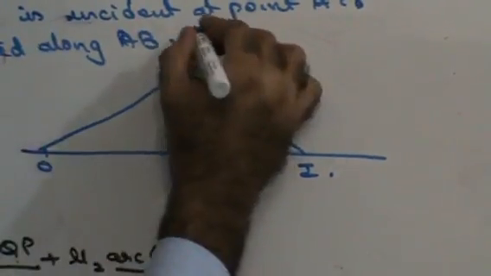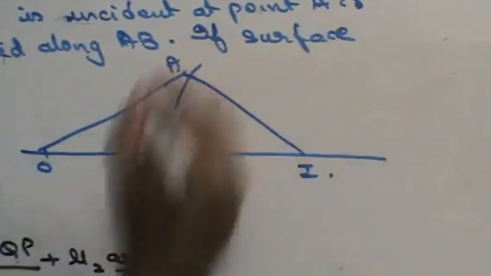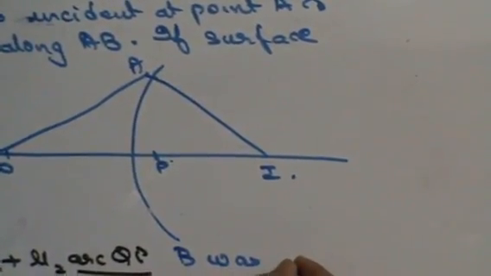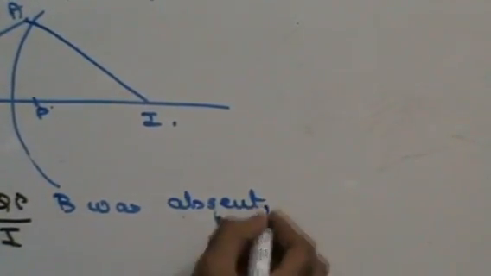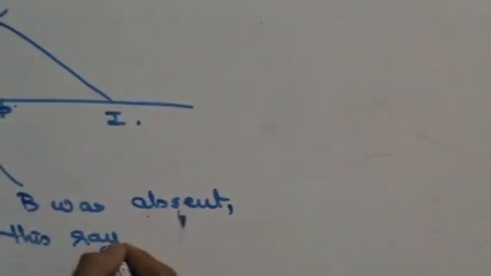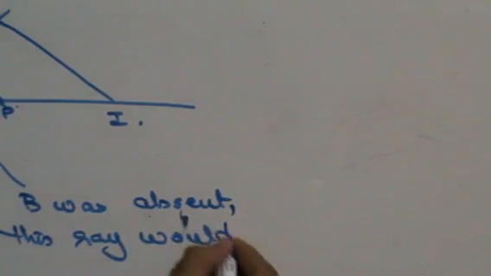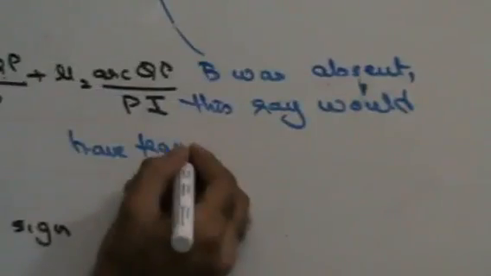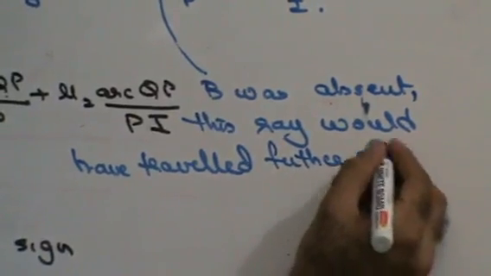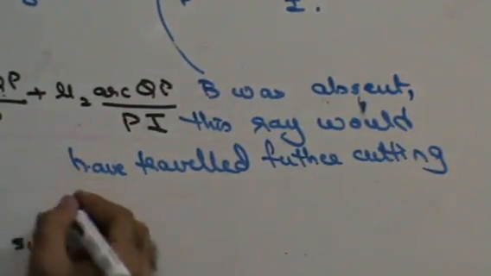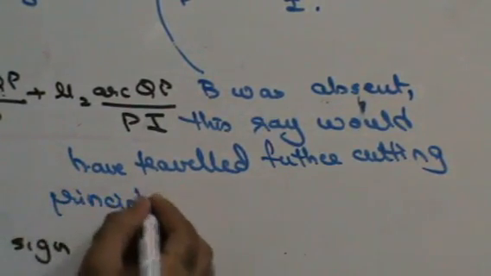So I can say that if surface B was absent, this ray would have travelled further, cutting the principal axis at I. Thus I would have been the point where the image would have been formed.